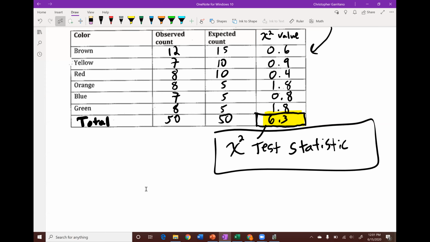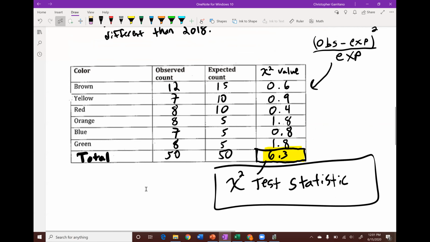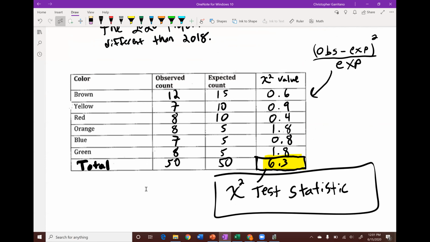One thing that I really hope you picked up on is that chi-squared test stats cannot be negative. The best possible chi-squared test stat you could get, in terms of evidence that H null is true, would be if the test stat is equal to 0. Think about what that would mean.